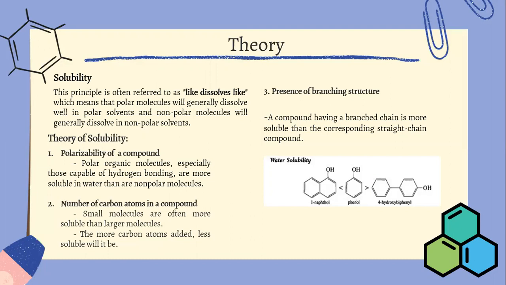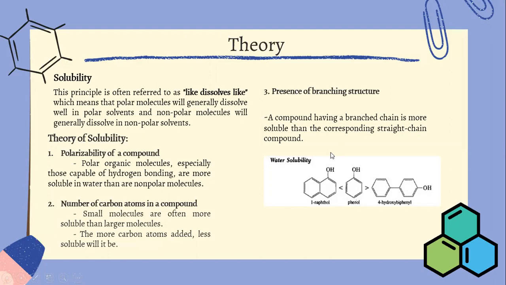The first factor that affects solubility is the polarizability of a compound, meaning that organic molecules that are polar are capable of hydrogen bonding and are more soluble in water compared to nonpolar molecules, as shown in the figure in the right corner.